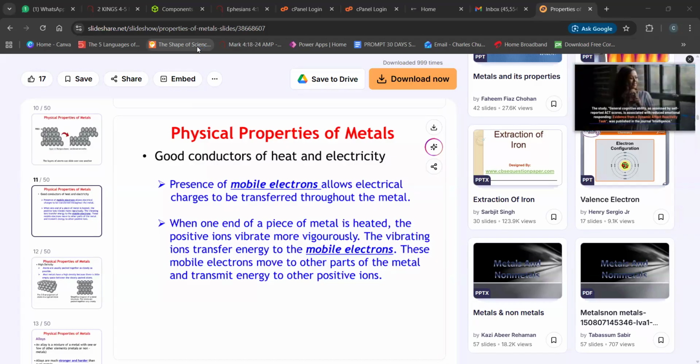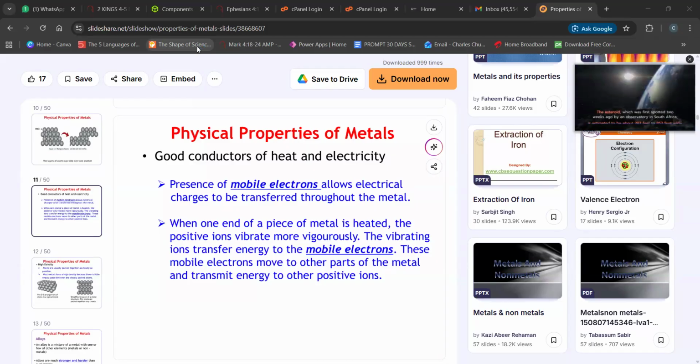Thanks to the mobile electrons that help to transfer the energy to other parts of the metal, the metal becomes hot in no time. Of course, some metals are better conductors of heat than others, but largely the fact that they are good conductors of heat and electricity cannot be denied.